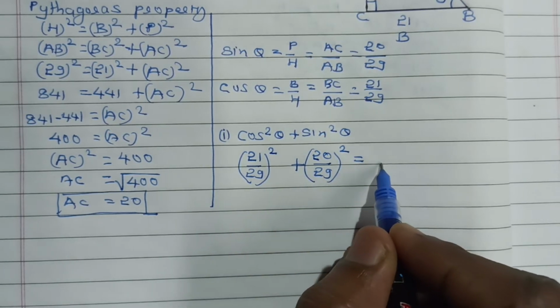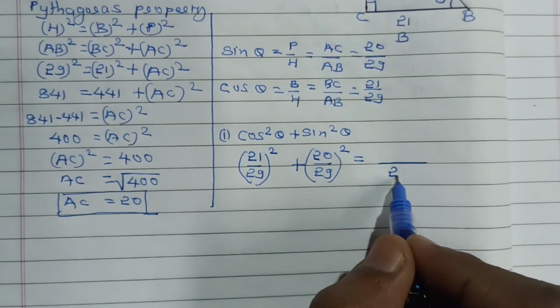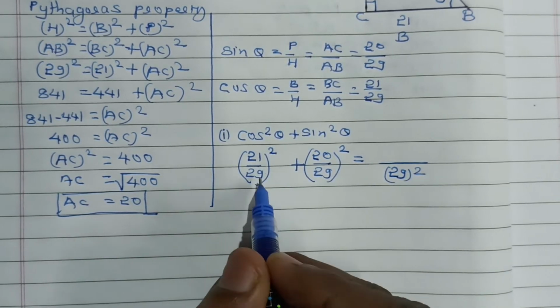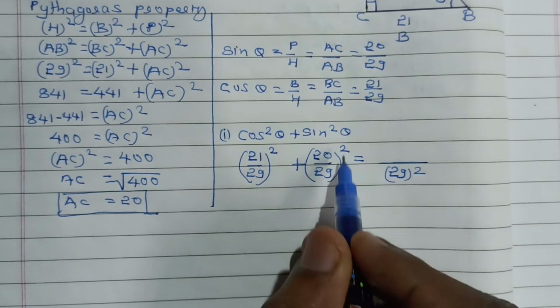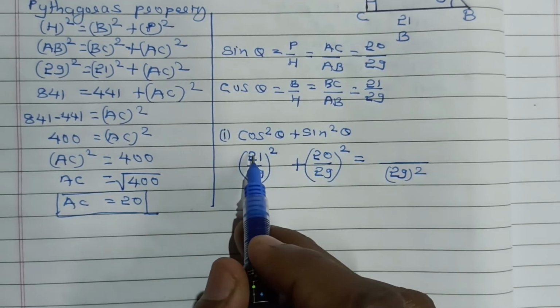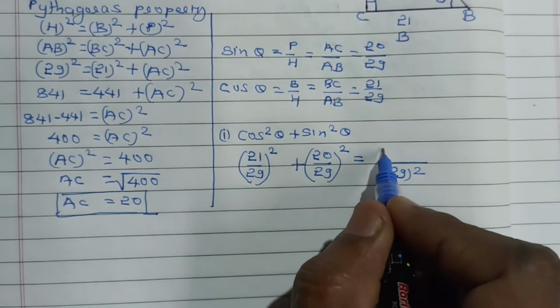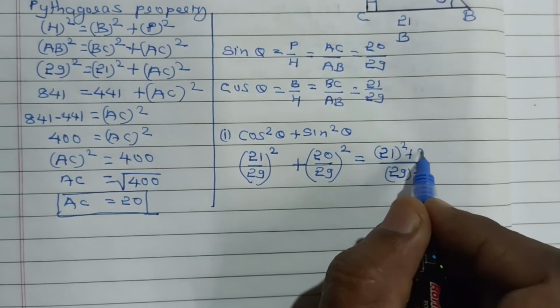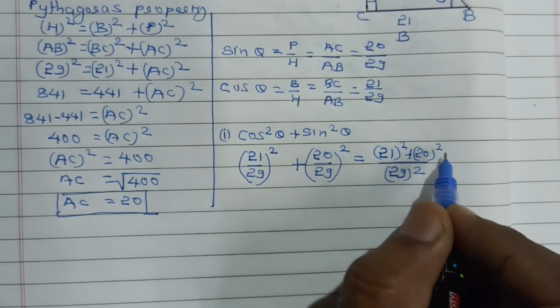So that's why you have to write here down 29 whole square. And this numerator 21 and 20 you have to write here at numerator place, 21 square plus 20 square.